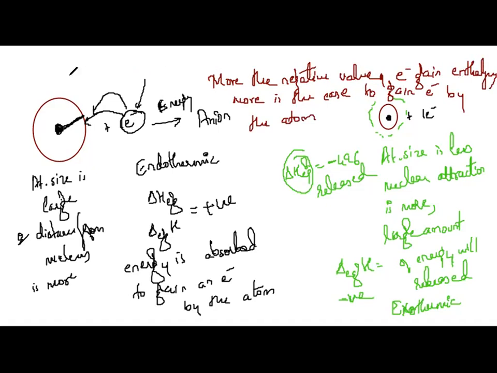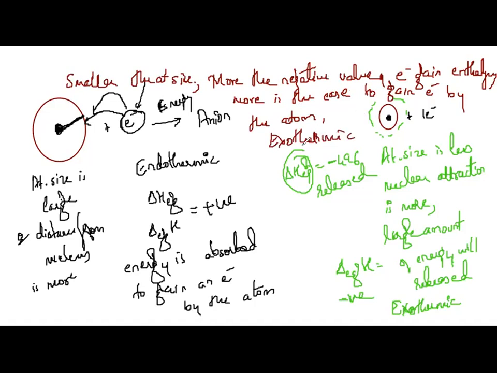When the size of the atom is smaller. So can I conclude like this? The more negative the value of electron gain enthalpy, the more is the ease to gain an electron by the atom, and the process is said to be exothermic.